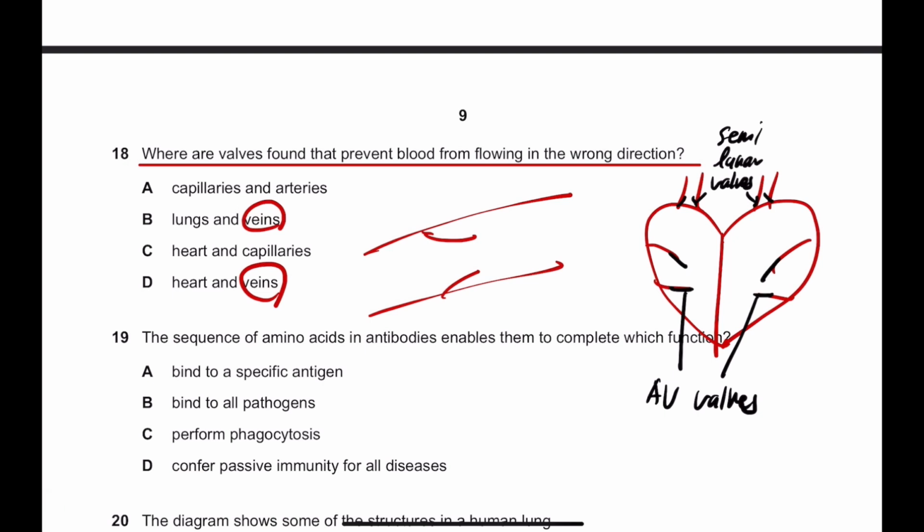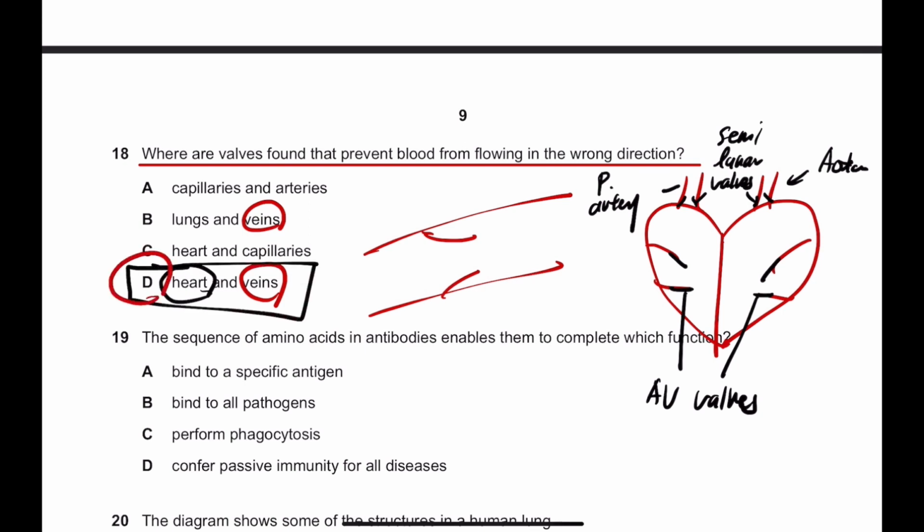They're in the arteries like the aorta and pulmonary artery, which are connected to the heart. So you can safely say the heart and veins have valves. So the answer is D. Okay?